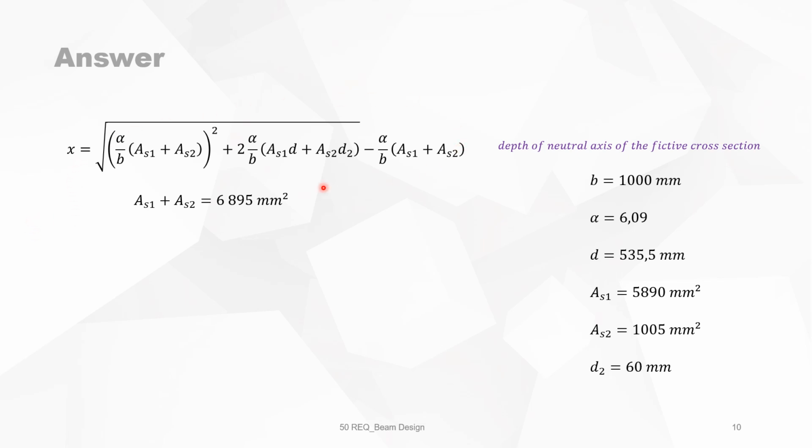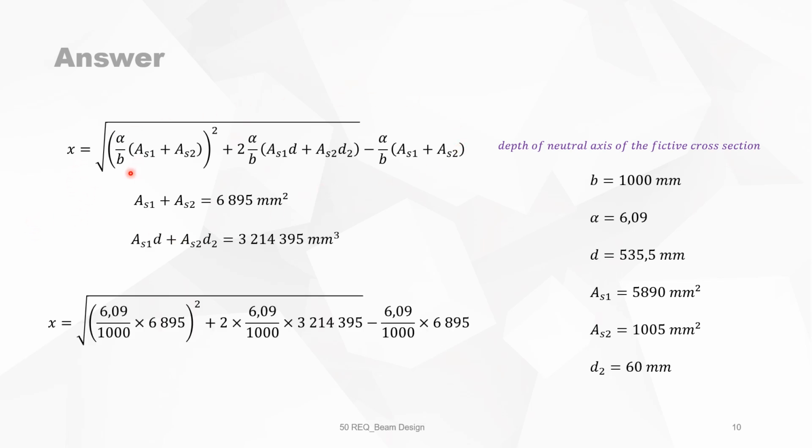So we put in the numbers and we find that X is equal to 160 millimeters. We just make a quick check. It must be bigger, of course, than the concrete cover plus the stirrup plus the point of gravity of the compression reinforcement. Otherwise, the compression reinforcement is situated in a tension zone, which is not possible. So X is 160 millimeter.